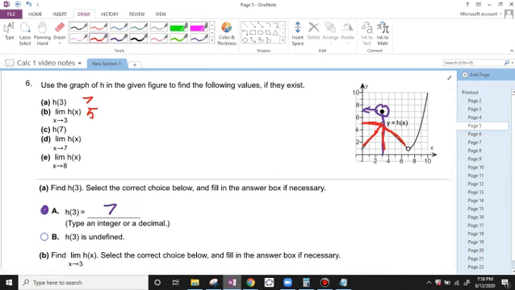As x goes to 7, from the left, it looks like it's 1. From the right, it looks like it's still 1. And then the limit of h of x as x goes to 8 looks perfectly nice. That's just 2.